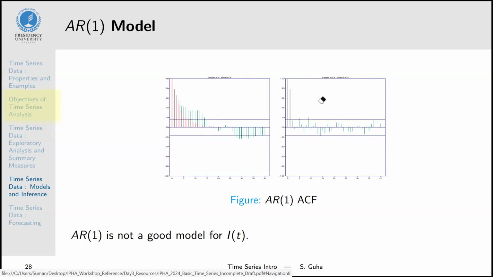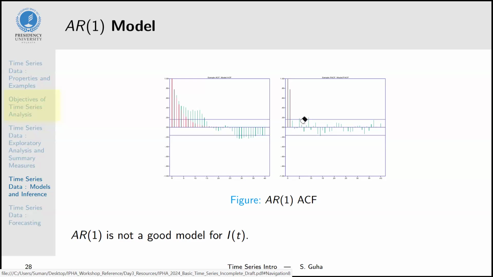The same thing should be true also for partial autocorrelation. But that is not happening, because the data has partial autocorrelation, maybe after lag 2 it is okay, lag 3, 4, 5, 6.